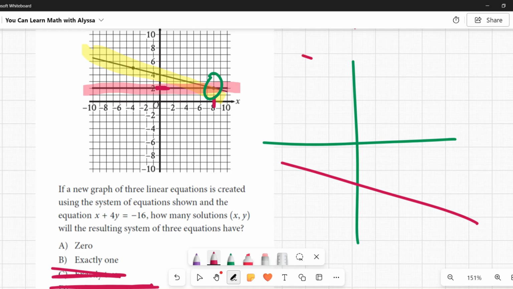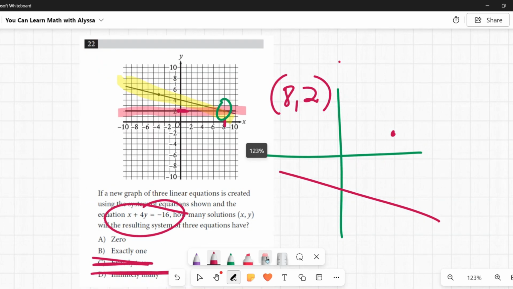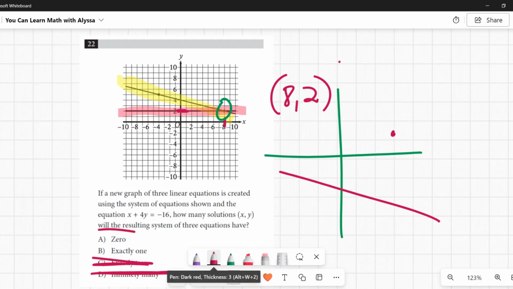And then you can either reference back to this and go, hey, it's not hitting that up there. Or you can actually just type into Desmos that point, 8, 2, along with your equation, and it will put your little point up there. And then you can see quite clearly it is not on that line. So yeah, there is no solution to this system of 3 equations.